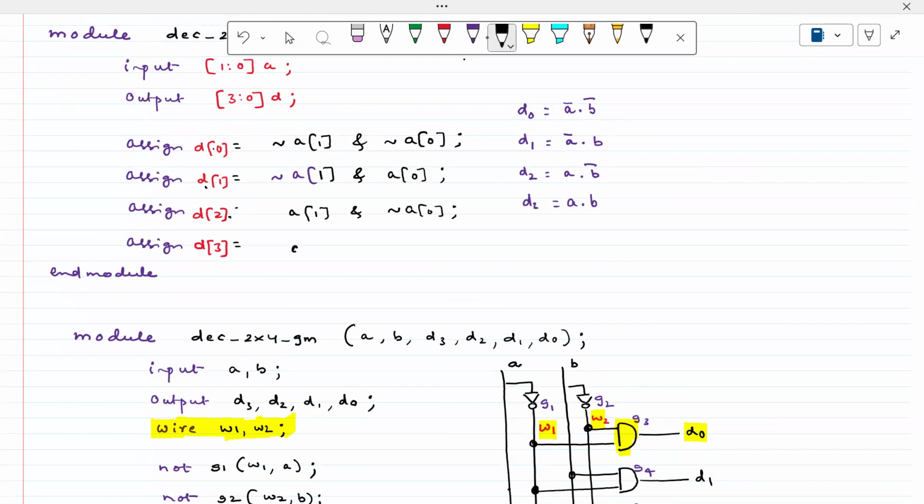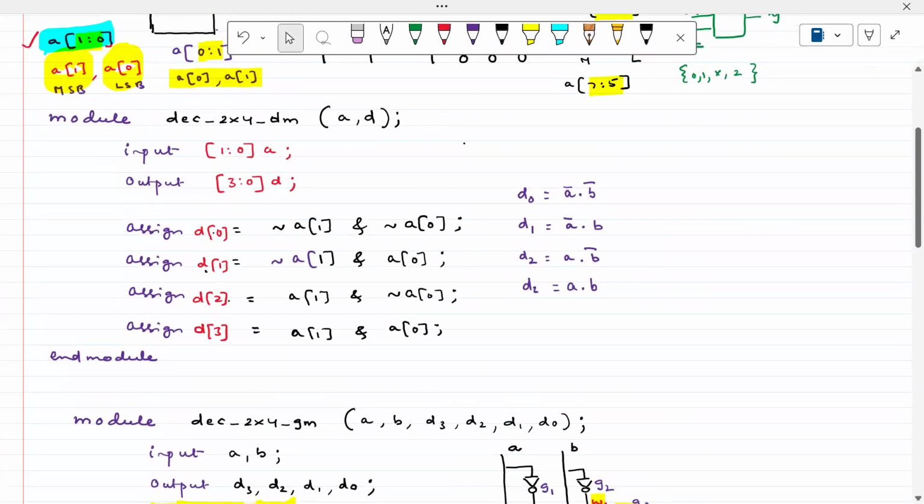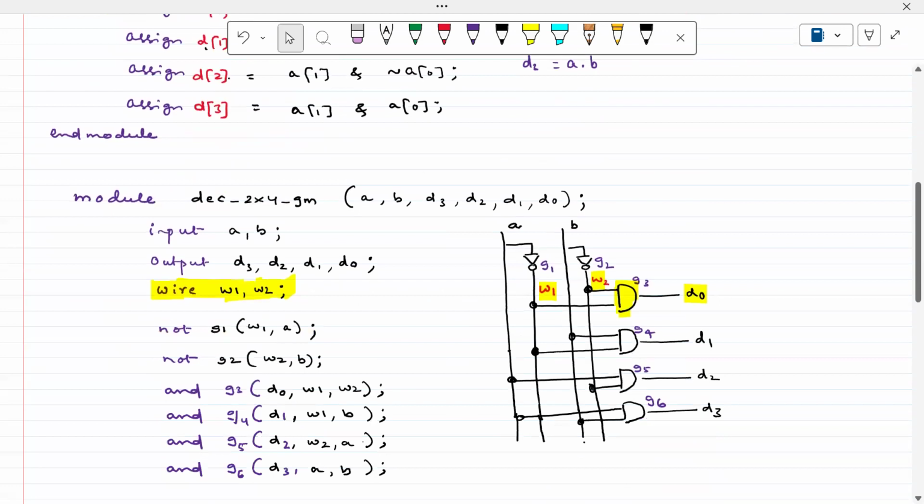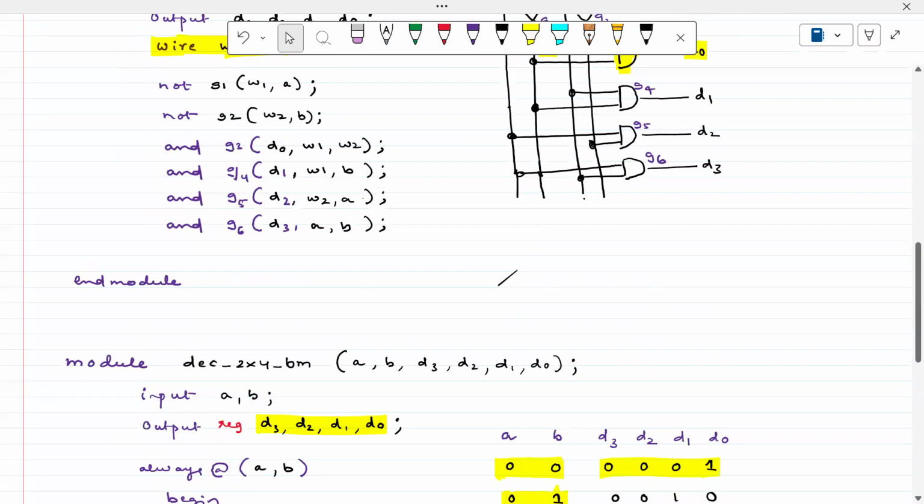Next, A of 1 ANDed with A of 0. Hopefully, you catch this point, right? Okay, right. So therefore, the same thing that you have to follow for the gate level modeling, same thing you have to follow for the behavioral modeling.